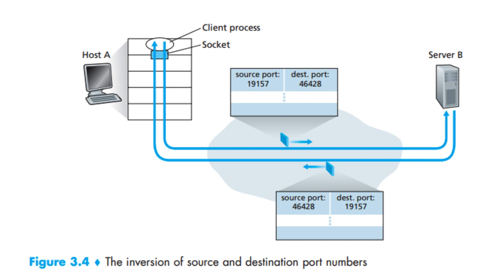As an example, recall the UDP server program udpserver.py. The server uses the recvfrom method to extract the client-side port number from the segment it receives from the client. It then sends a new segment to the client with the extracted source port number serving as the destination port number in this new segment.